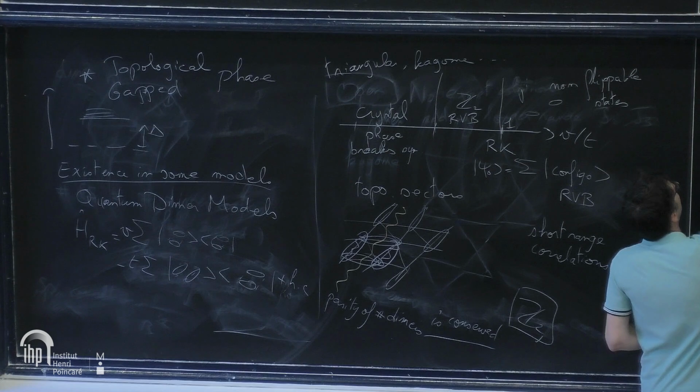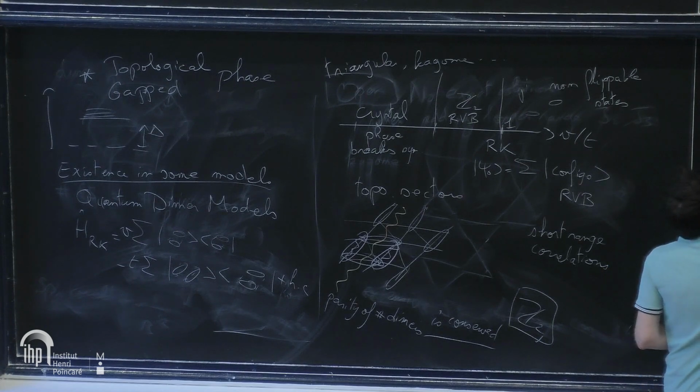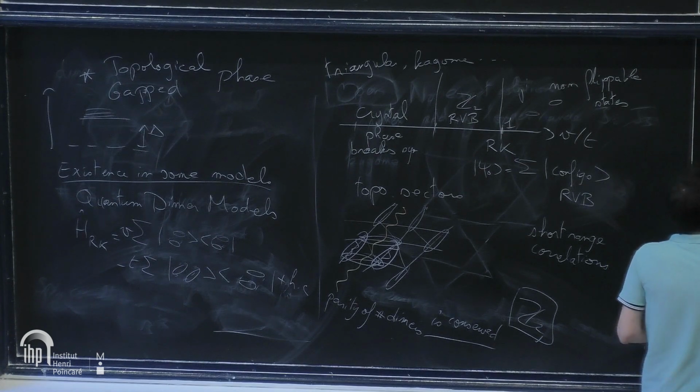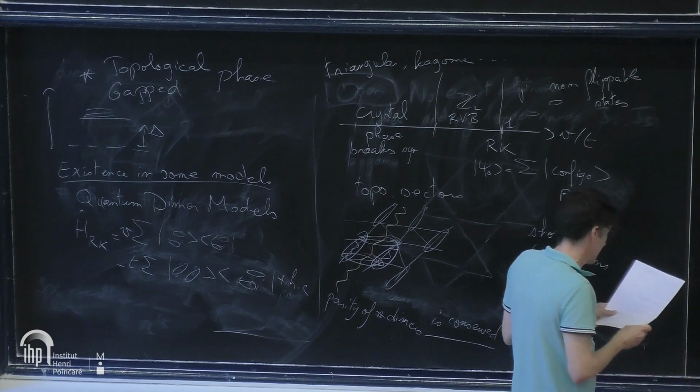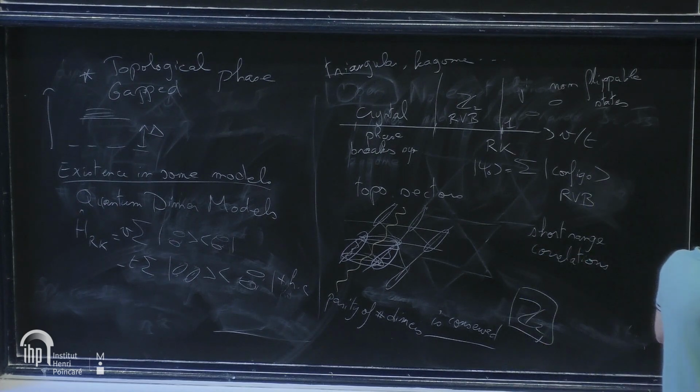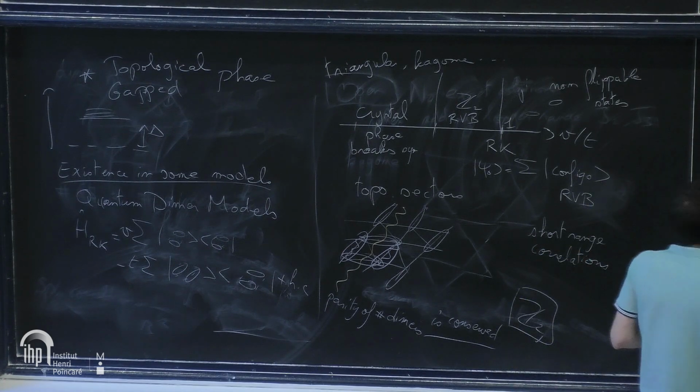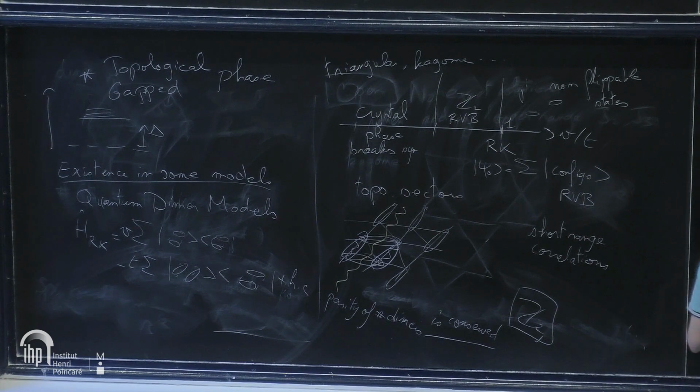So the first model is the toric code. So I will define some spin 1/2, and so the model is simply minus the sum over all sites of A_s minus the sum over all plaquettes of B_p. So let me write and make a drawing.